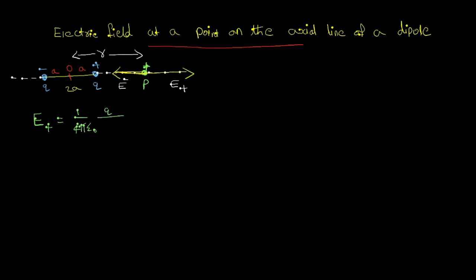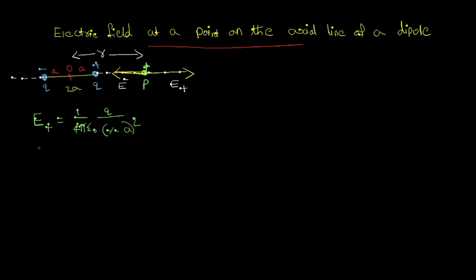Here the distance from P to positive charge Q is (r minus a) the whole squared. This is r minus a, because the distance from the center O to P is r and O to Q is a. Then the distance from positive charge Q to P is r minus a.